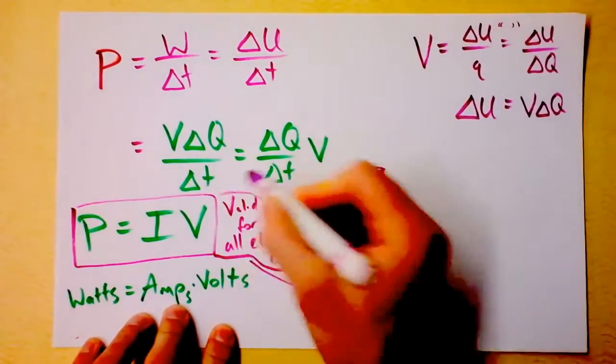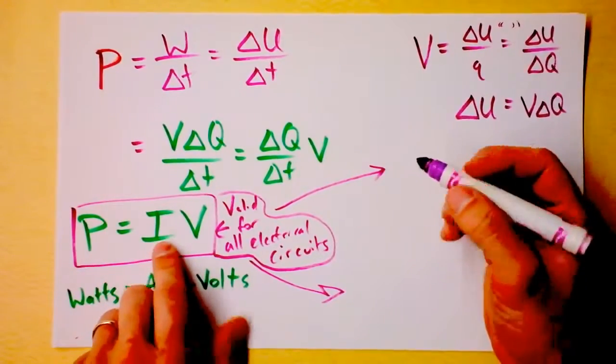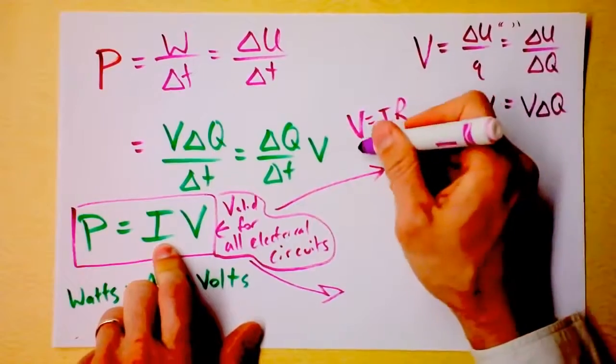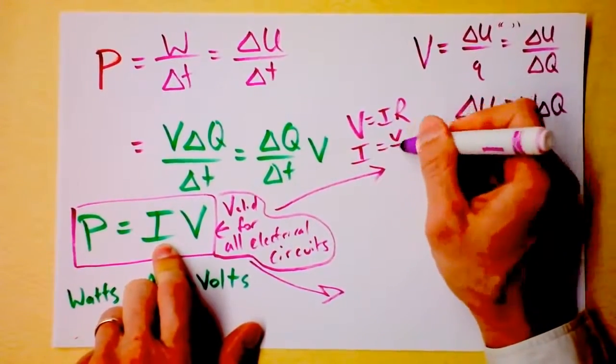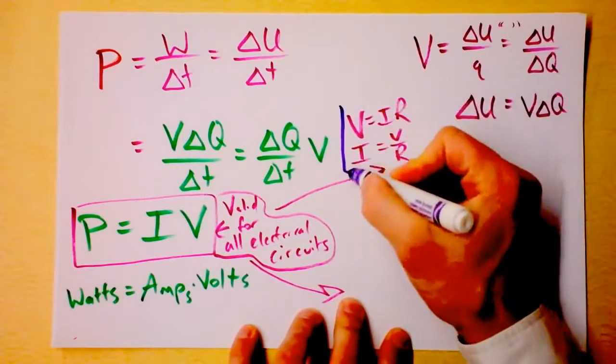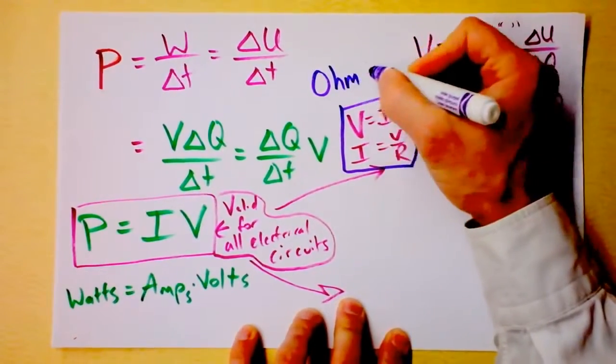This is valid for all electrical circuits, but I'm going to take this equation and use V is IR in one direction, and I'm also going to use I is V over R in the other direction, and get myself a couple different equations which will not be valid all the time. In fact, they'll only be valid in an ohmic material.